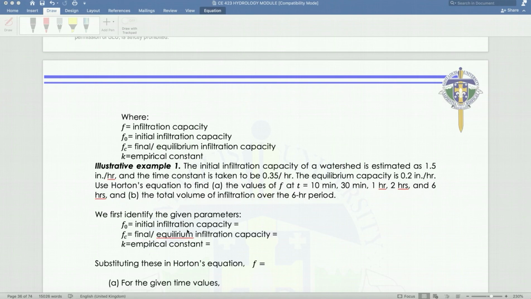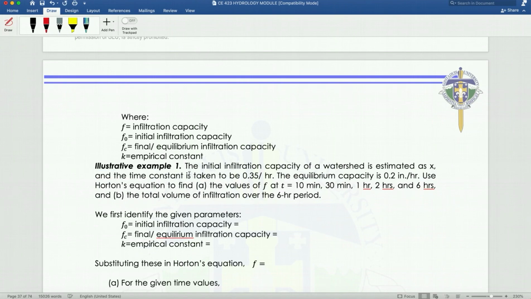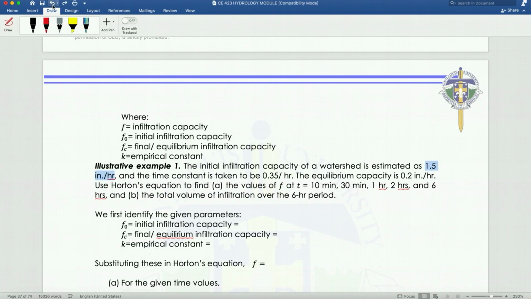So first, we need to identify our given. So what are the given? According to our problem, we have an initial infiltration, F0, which is equivalent to 1.5 inch per hour. Okay, so that is our F0. Next is our Fc.